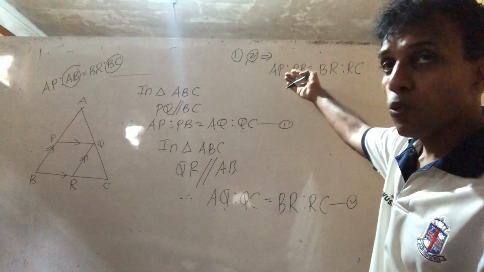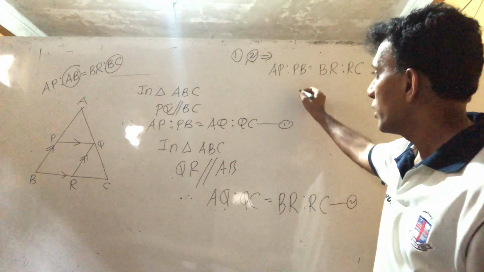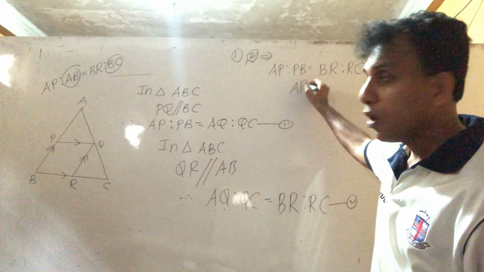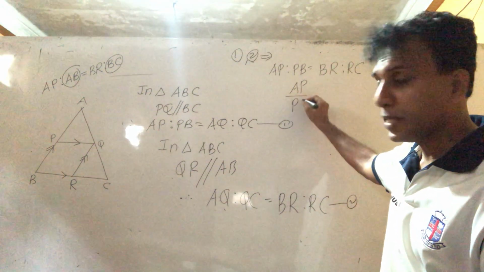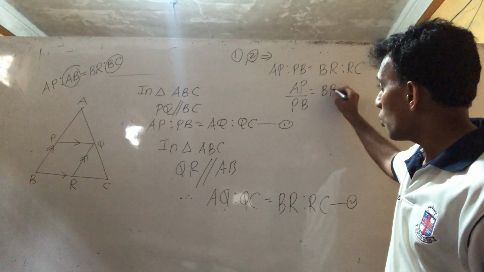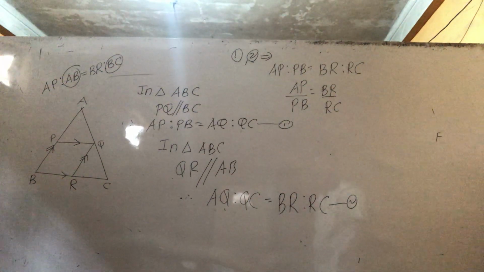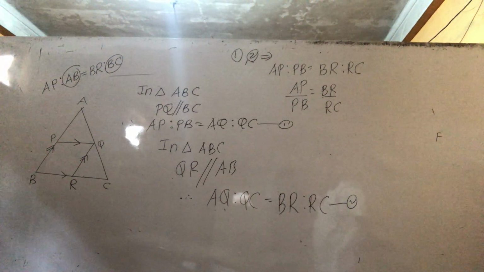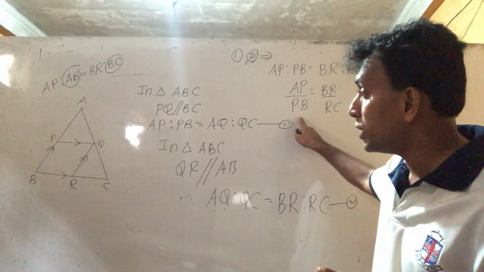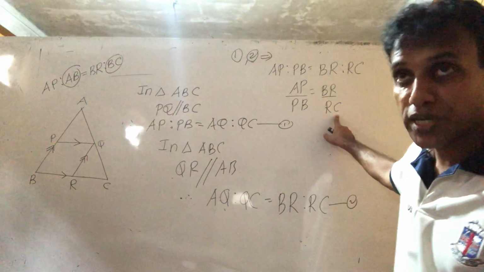Therefore, now I convert this ratio to fraction form: AP over PB equals BR over RC. In the answer, we need AP, but there's no PB. Here there's no RC.